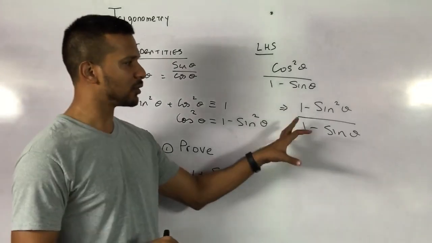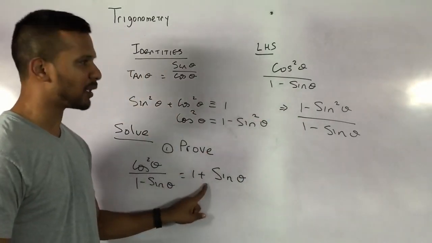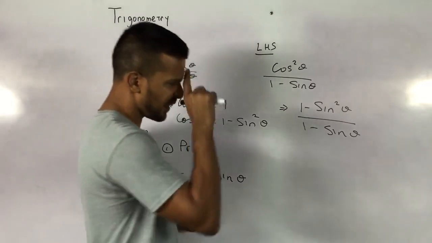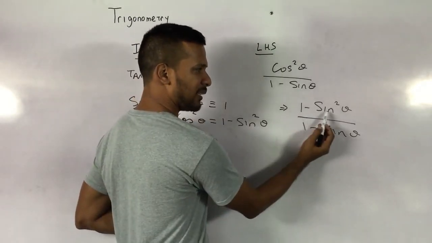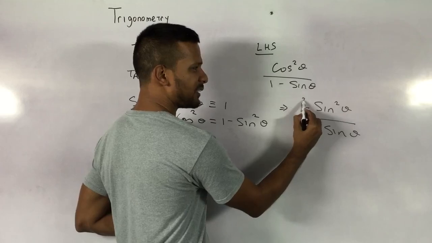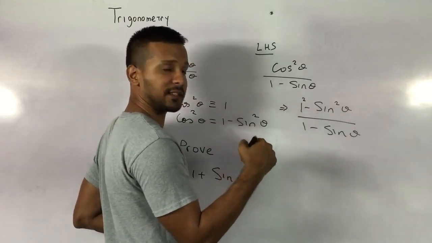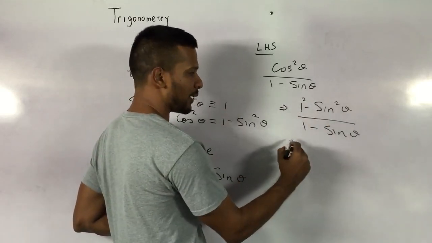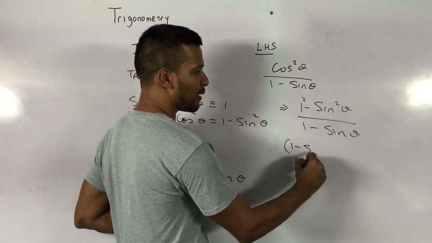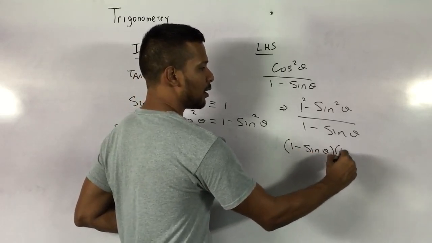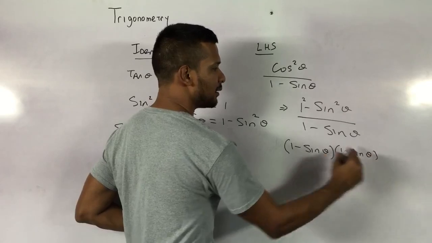So we need to figure out now, okay, how am I going to get 1 plus? So if you look at this carefully, this is really 1 squared. So this resembles the difference of two squares. 1 squared minus sine squared, which can also be written as 1 minus sine theta times 1 plus sine theta. Right?